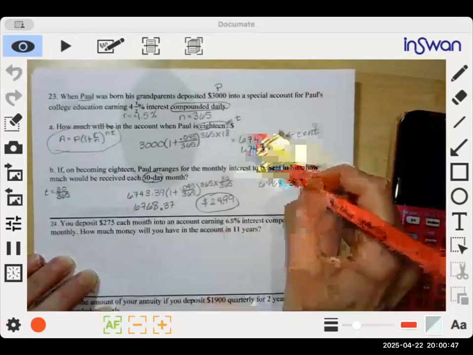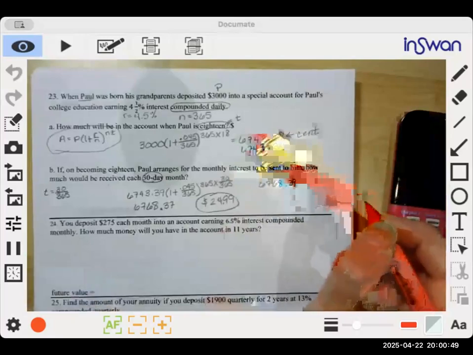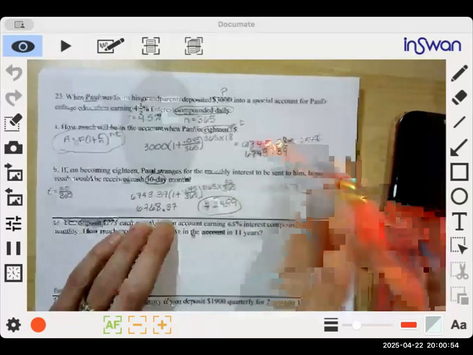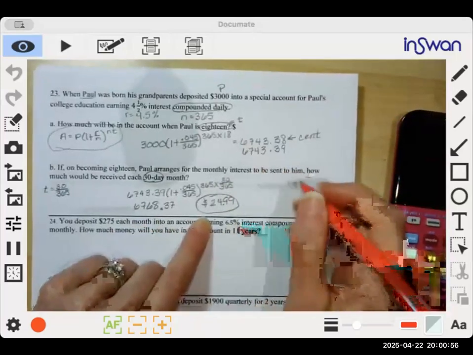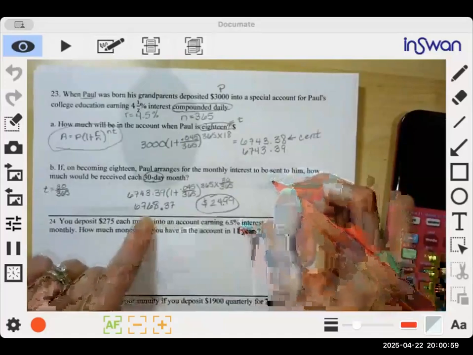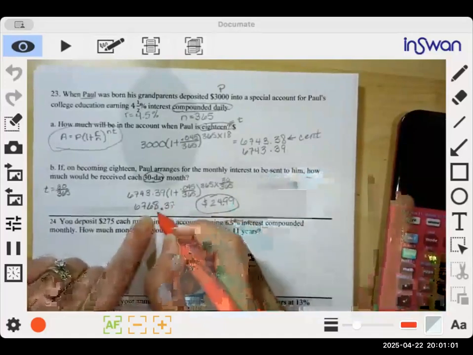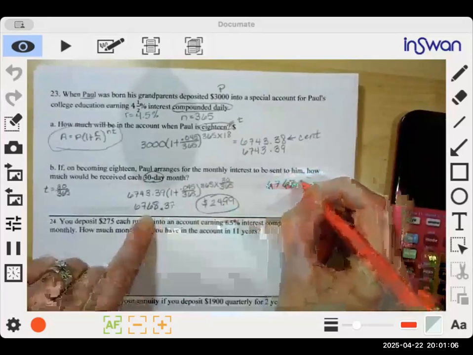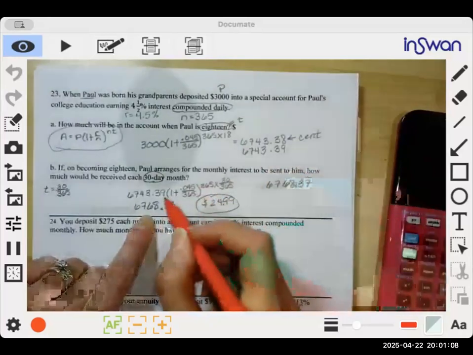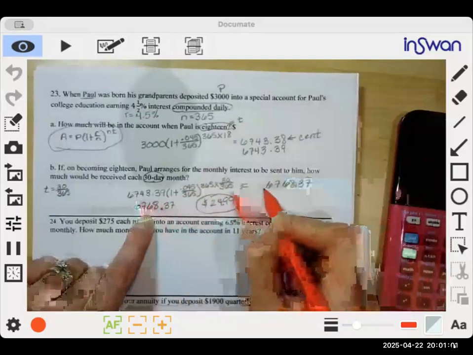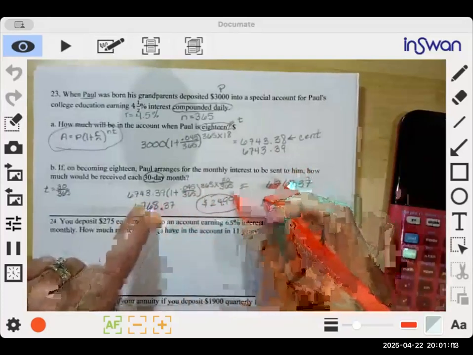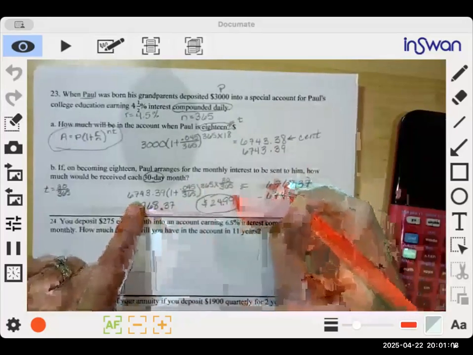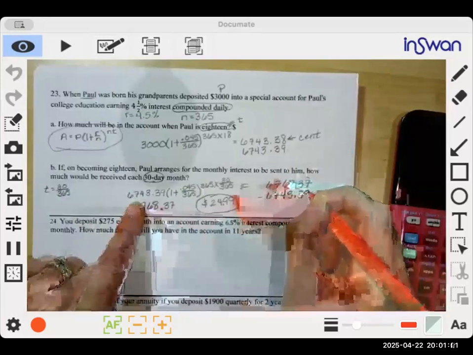Sorry, Professor, how did we go from the 6768.37 to $24.99? Exactly. We took this ending balance, 6768.37, which is what you get when you do this calculation, and then you minus the original amount. Oh, okay, I see.